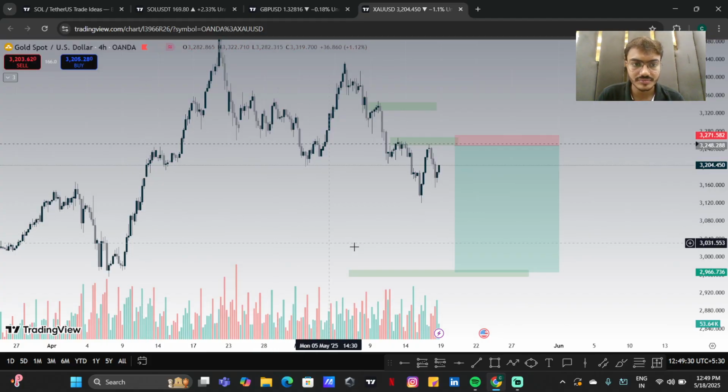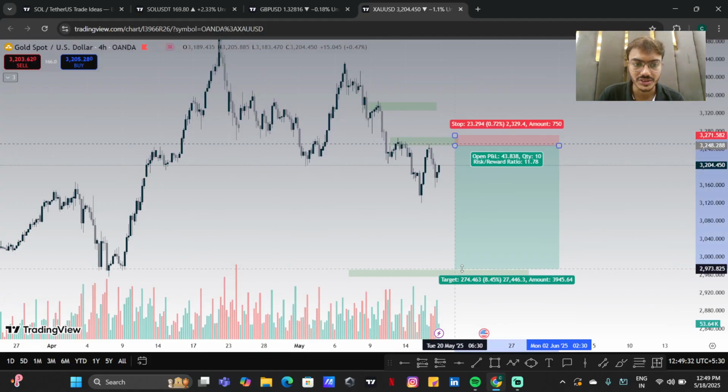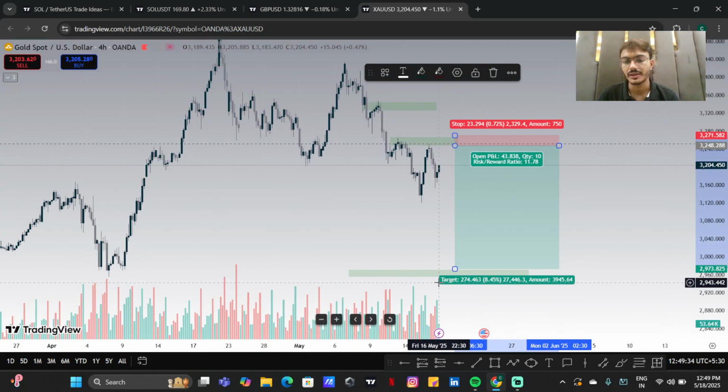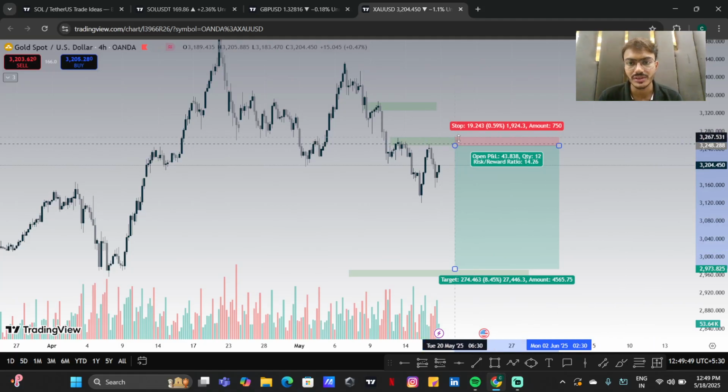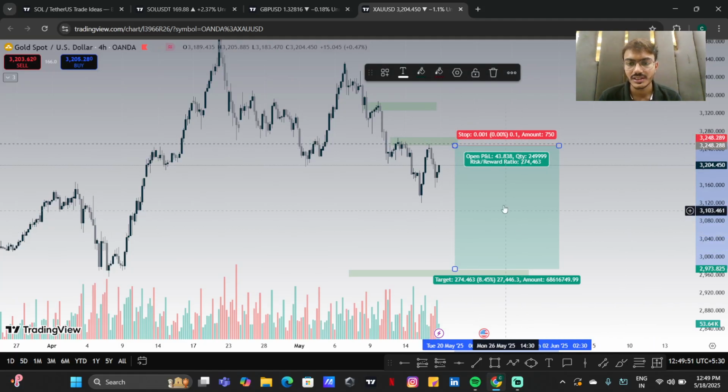So I'm going to hold up till over here because here I can see a good support, which is again 27,000 pips of range. It's 1:14, yeah, a 1:14 ratio trade, and eventually it's going to be a full no stop loss ratio. So sounds fair enough to you as well as to me.